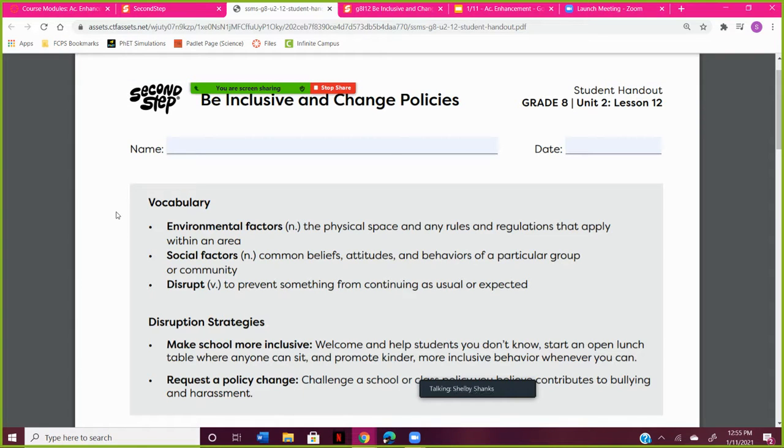And environmental factors are the physical space and any rules and regulations that apply within an area. And then social factors are some common beliefs, attitudes, and behaviors of a particular group or community. All right, and then disrupt, when we're talking about disruption strategies, not challenges, is to prevent something from continuing as usual or expected.